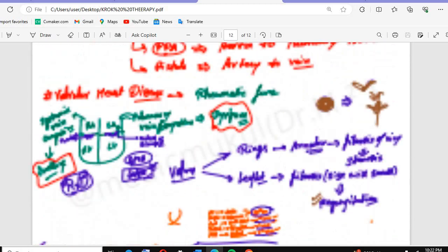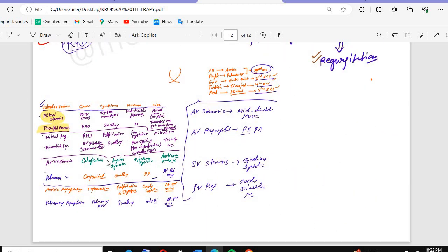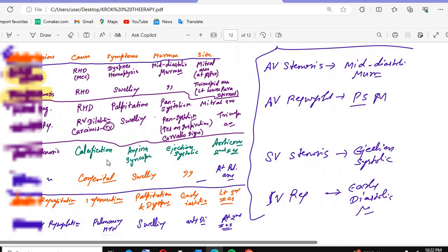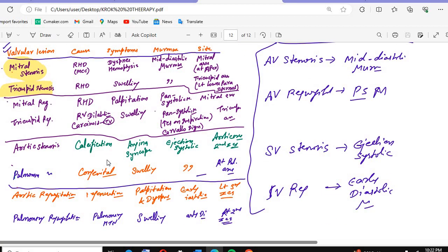So what we have discussed here is that mitral stenosis, tricuspid stenosis or mitral regurgitation are associated with rheumatic heart disease. So these three will be ruled out.